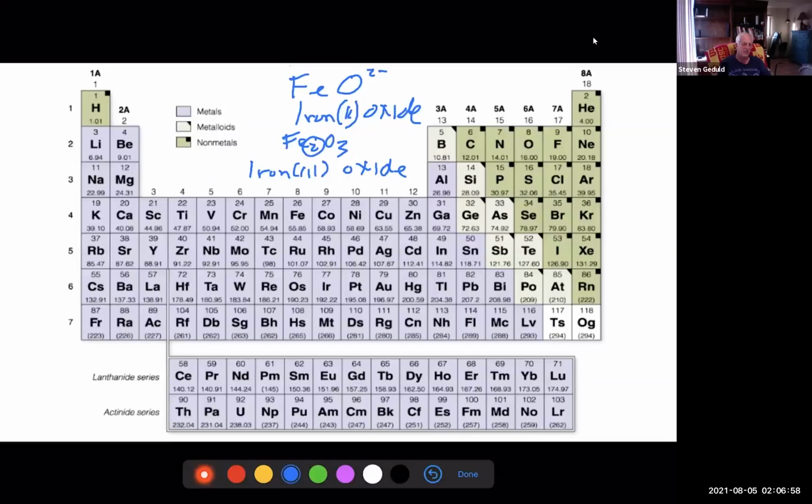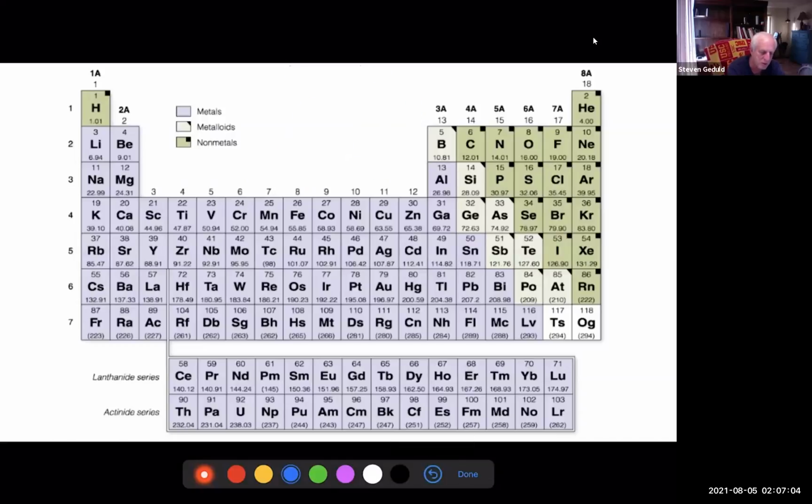If I told you the formula was cobalt(II) fluoride, what would the formula be?